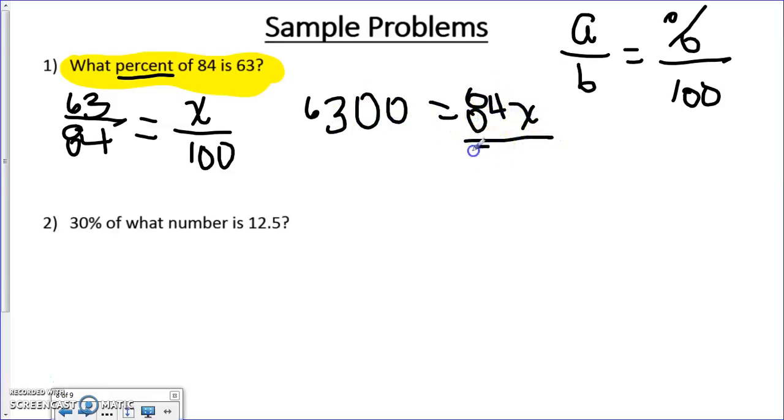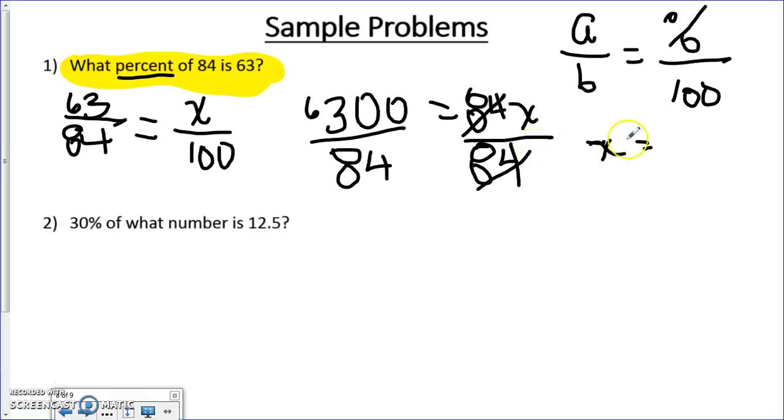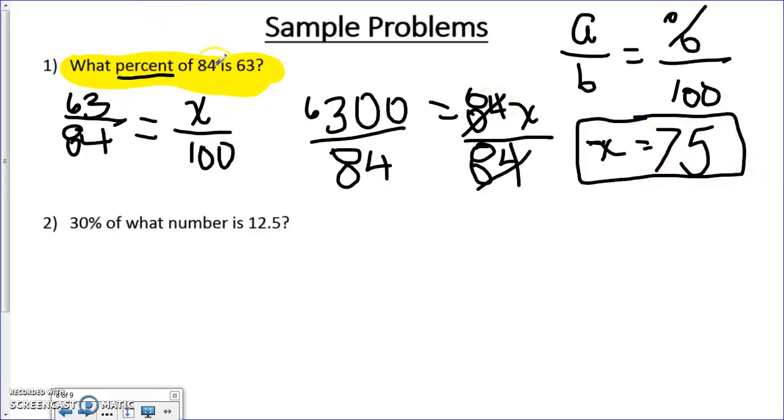You're going to divide both sides by 84. X equals 6,300 divided by 84. Is 75. So you would answer this question by saying, what percent of 84 is 63? 63 is 75% of 84.